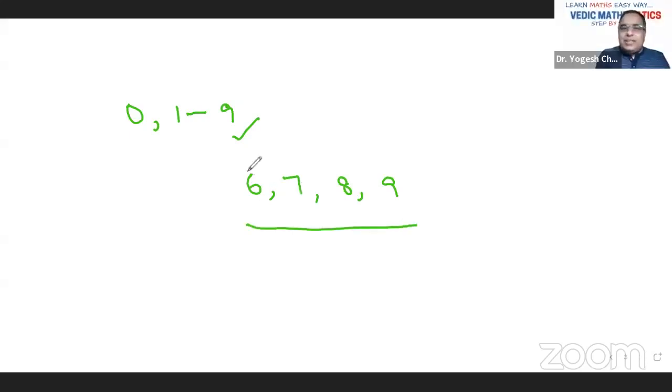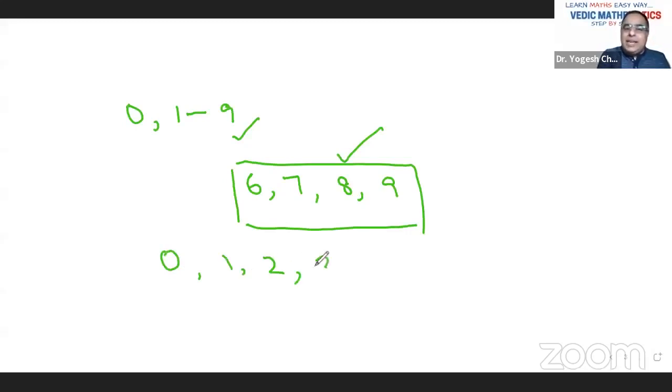Now, we are not in need of 6, 7, 8, 9. We'll avoid these numbers, so that our numbers are only 0, 1, 2, 3, 4, 5. If the strength of a digit is decreased, definitely the calculations will be simpler.